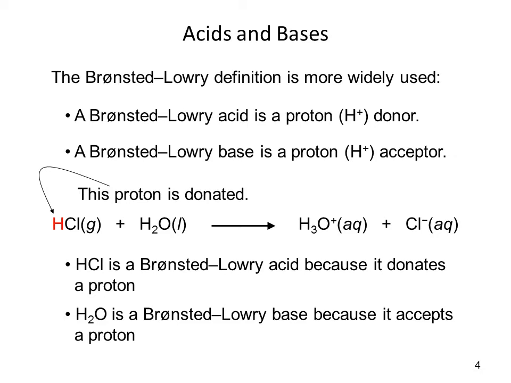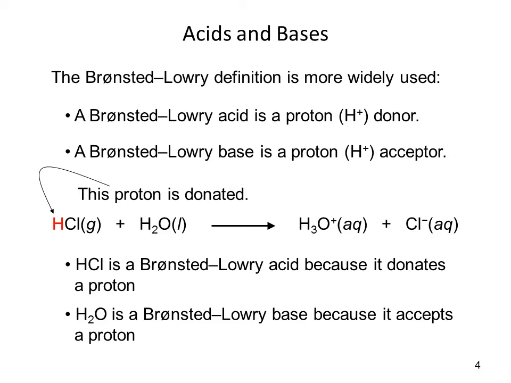So if we look at this reaction here, we see hydrochloric acid has a proton on it. The chloride in there is giving up that proton. You can see it on the other side of the reaction as chloride aqueous. Because hydrochloric acid is giving up that proton, we call it an acid, according to the Bronsted-Lowry definition.